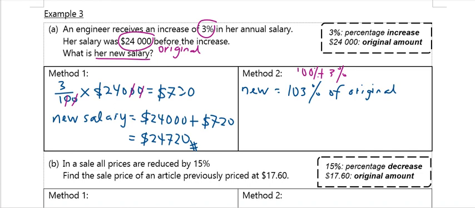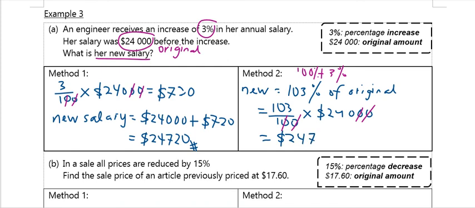So straight away, you will have 103 over 100 times 24,000. So if you multiply 103 times 240, you will straight away get $24,720. There we have it. So you have an option of using whichever is comfortable and easy for you, right?